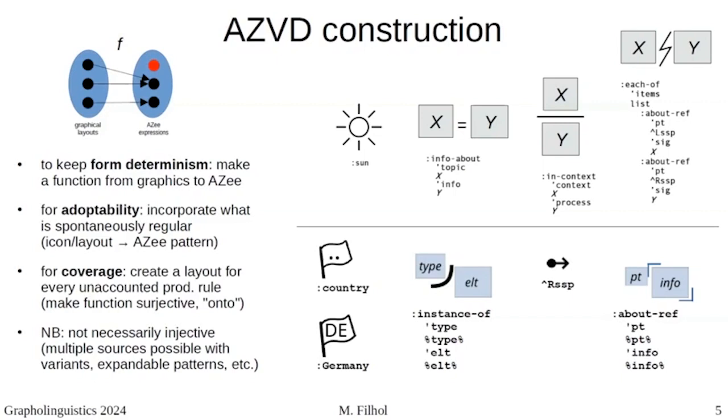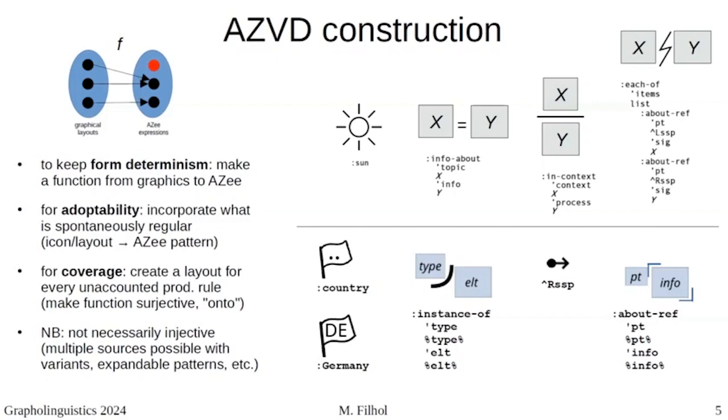So basically taking all of the unaccounted production rules that I've had and just giving them an arbitrary or kickstart kind of graphical layout. There, so for example, that will be the one about ref point, and that contains the whole information.